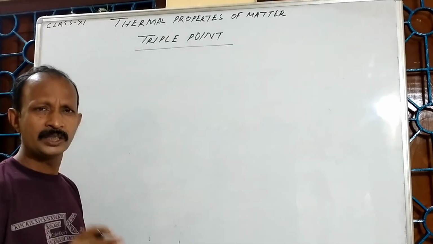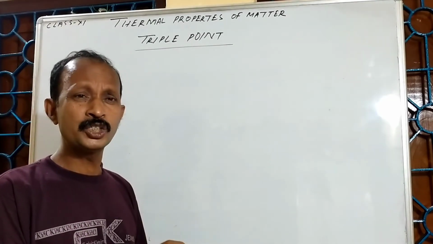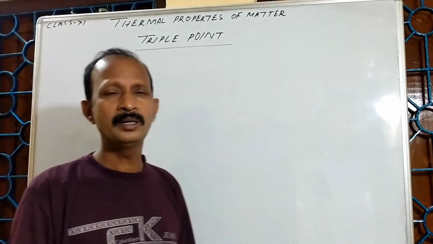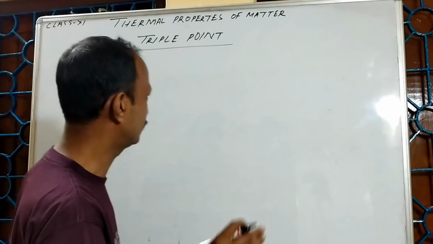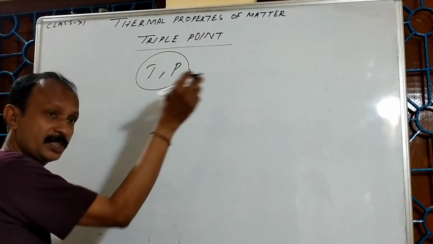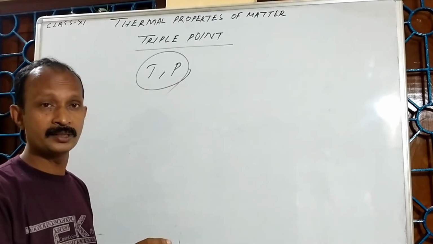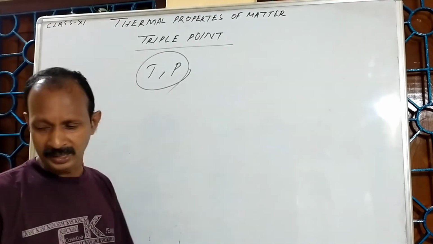I can say that the triple point of a substance is the temperature and pressure at which a substance can coexist in three different states. Listen carefully. It is about the temperature and pressure of the substance. A substance at this temperature and pressure can exist in three different states.